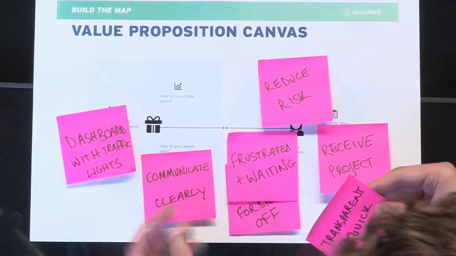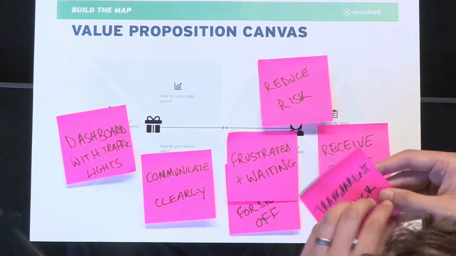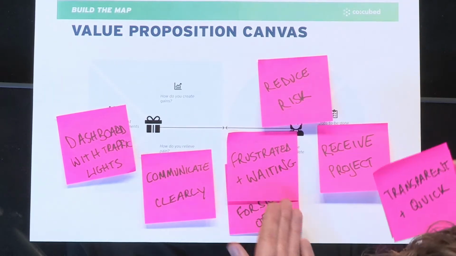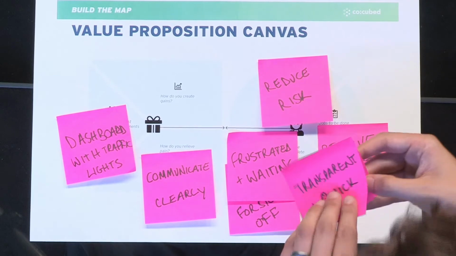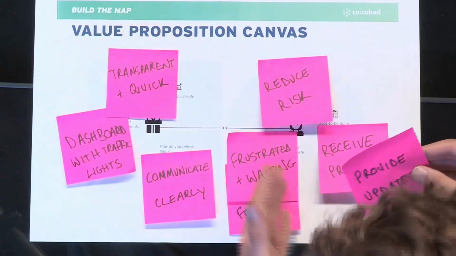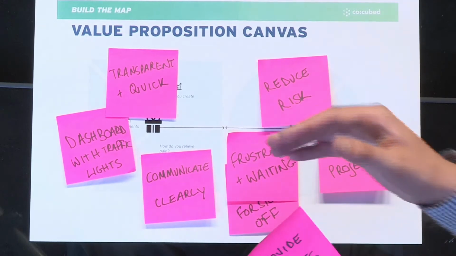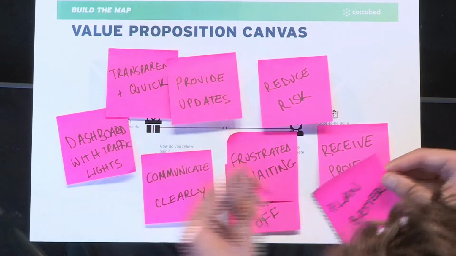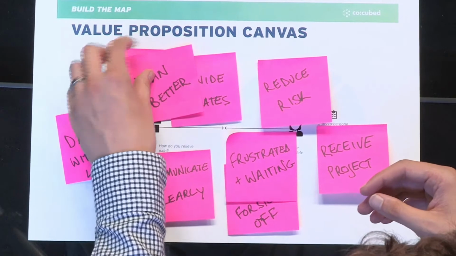Okay, so how am I relieving pain? Here I've got communicating clearly. I think communicating in a clear way through this dashboard will really reduce the pain of the frustration that you have when you wait. And I think it's going to create real gains here, particularly reducing risk, because it's going to be transparent, it's going to be quick, there's going to be regular updates, and it's going to help people to plan better.